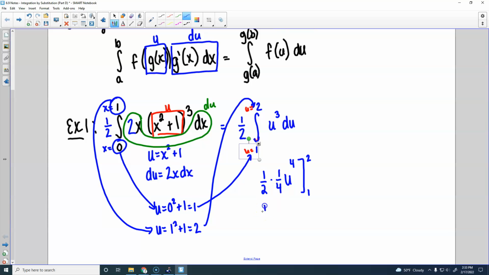So the 1/8 will be here, and then we could use a bracket right here. We got u to the 4th, so that's going to be 2 to the 4th minus 2 to the 1st. And so I've got 1/8 times 16 minus 2. So that'll be 14 over 8, which will reduce to 7 over 4.